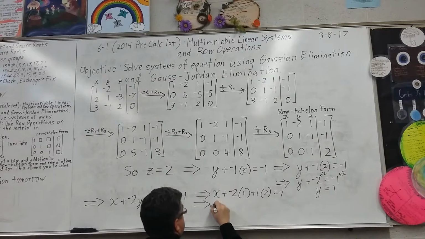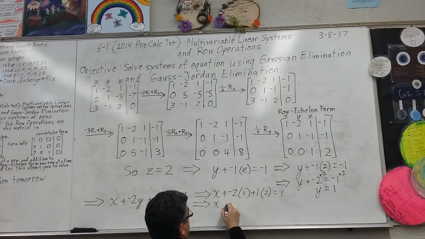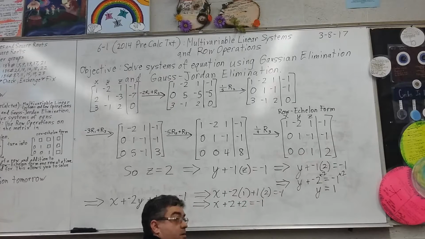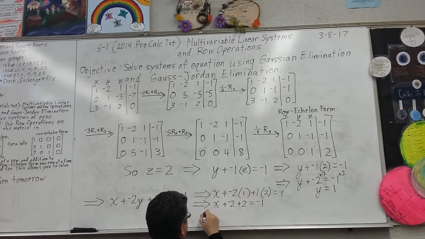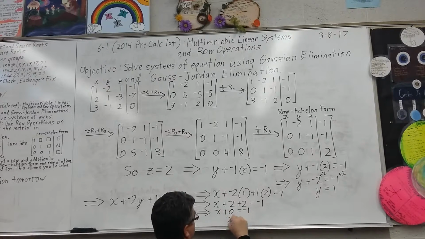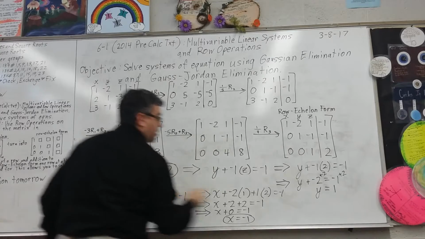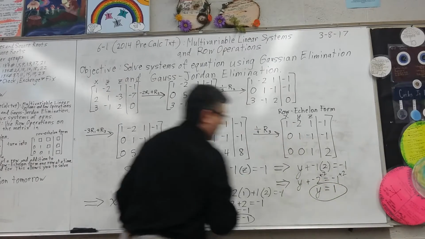So that is x plus negative 2 plus 2 equals negative 1. And it just so happens that in this one, and this will not happen all the time, this is a coincidence, negative 2 plus 2 is 0, giving us that x equals negative 1. So now we've got all 3 values.